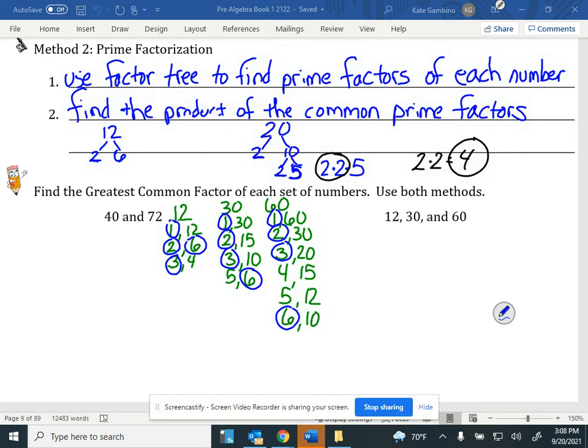They don't all have 10, they don't all have 12. And this one only goes up to 12, so we know that's where we're done looking. So now I need to look at my greatest number, which is 6. So the greatest common factor of those 3 is 6.